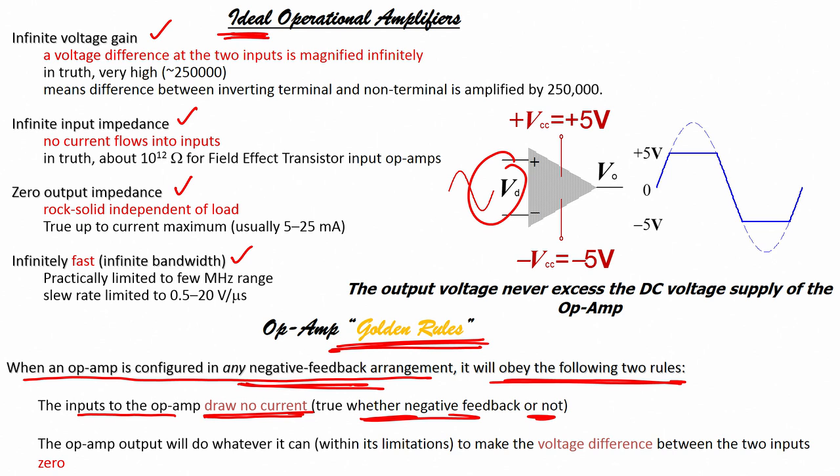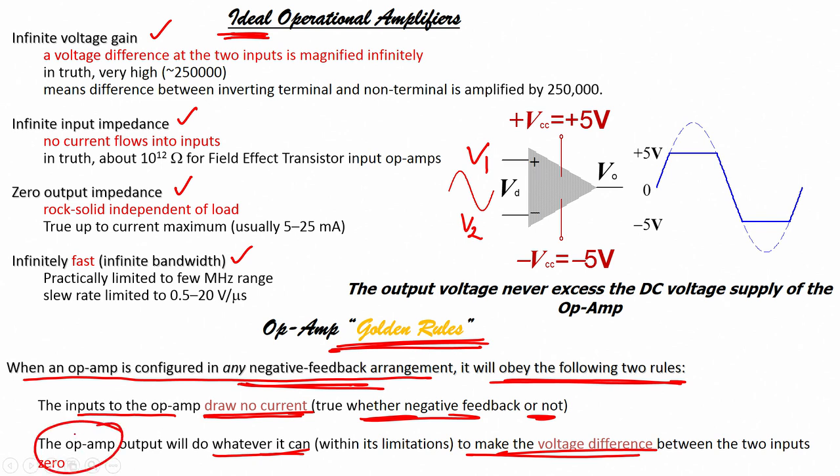Second, the op amp will do whatever it can to make the voltage difference between the inverting and non-inverting terminals, that is V1 minus V2, to be 0. Two golden rules, understood. First is the current: there is no input current inside the op amp, because it cannot draw any current. Second is the voltage difference between the 2 inputs, which would be 0.